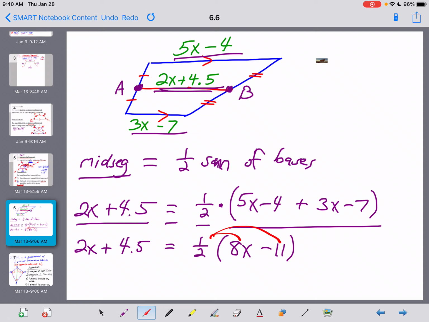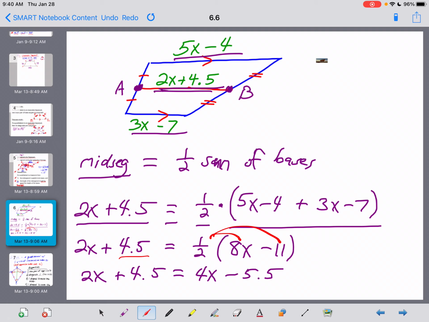The reason I don't love it is that 11 is odd, and that's going to get me a decimal number. But you know what? I got a decimal over here on the side, so I guess we'll just deal with that. So we've got 2x plus 4.5 is equal to half of 8x is 4x, and half of 11 is 5.5.